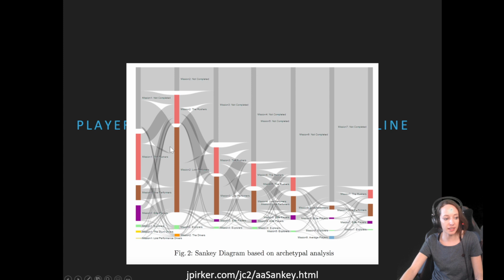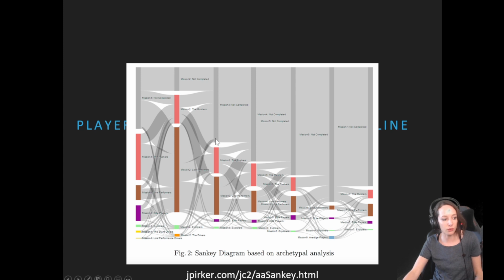To analyze this data visually, we also developed the Sankey diagram, where you can see those different player types and how they change their behavior from mission to mission, and when they are dropping out. Just as an idea, we have these low performers, who, as in many other games, are eventually frustrated or not engaged enough and might drop out easily.